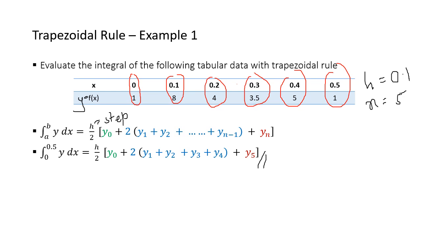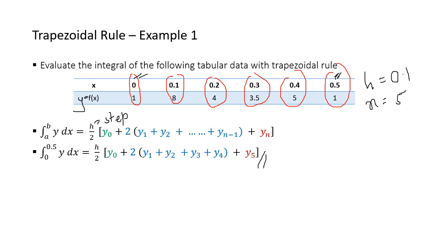The first value of x is 0, and it ends at 0.5. So that's why the limits of integration are from 0 to 0.5.